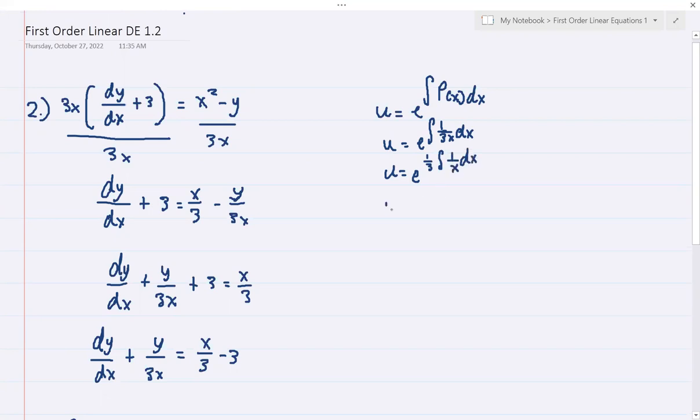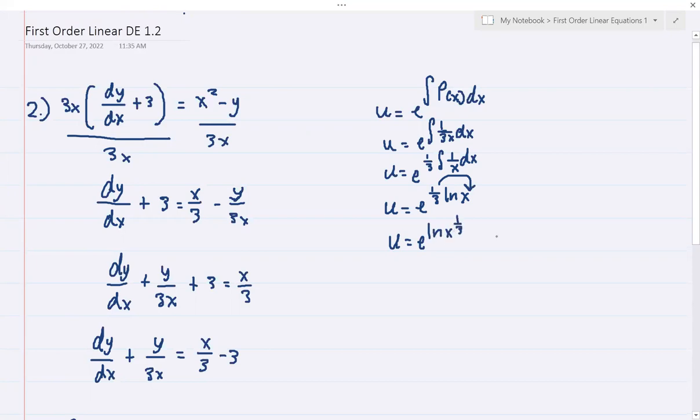So what is the integral of 1 all over x? This is e raised to 1/3 times ln of x. We can simplify this because by the laws of logarithm, we can bring the exponent to your x. So we will have u is equal to e raised to ln of x raised to 1/3.